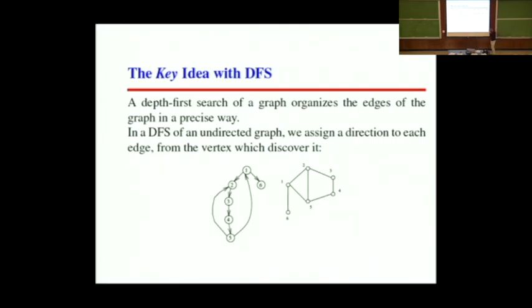So if I give you a graph with n vertices and m edges, what is the time it takes to find a cycle in that graph? Yeah? You say, oh, n plus m. Is there a slicker way to say that? O of n. Do we have to look at all the edges in a graph?